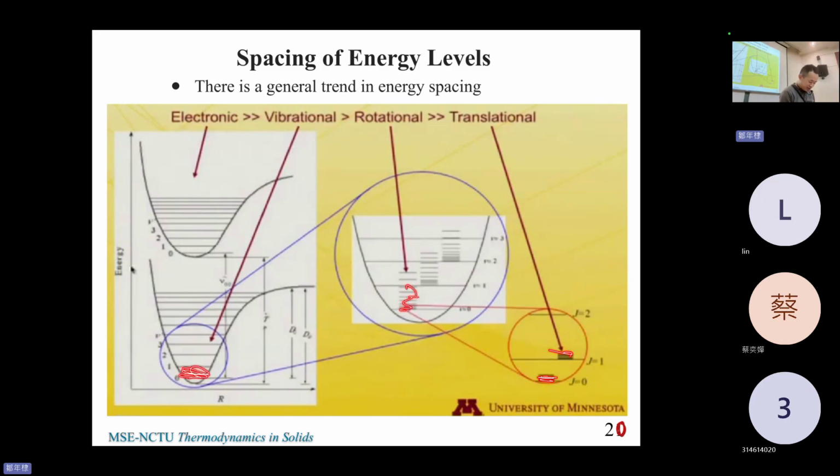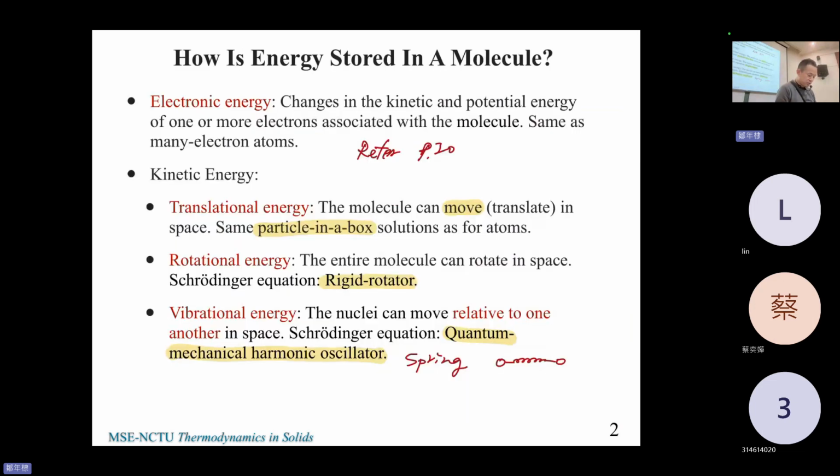Anything inside this, you need to excite to the upper level. It requires much more energy compared to the first three excitations. So in this course, we're not going to discuss this. We just focus on the kinetic energy, the moving things.